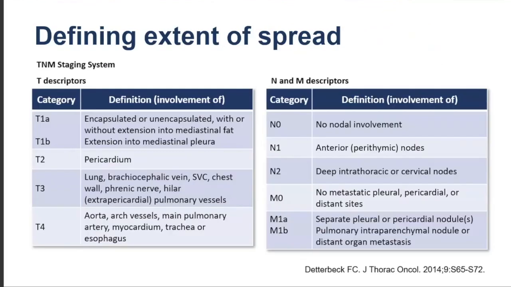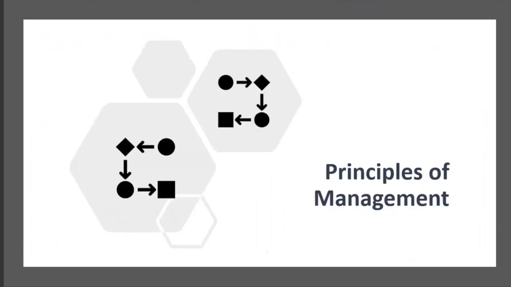The next important thing to know is the extent of disease, and that is what we essentially call staging. So Pam, the next slide, please. Actually, one behind this. Can you just go one back?